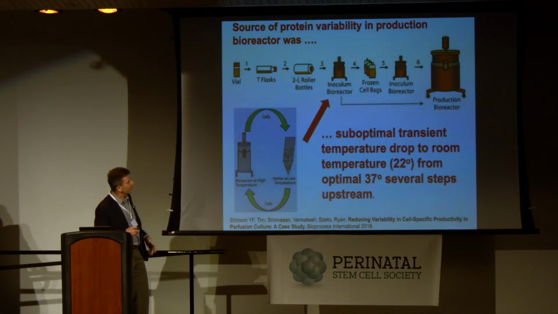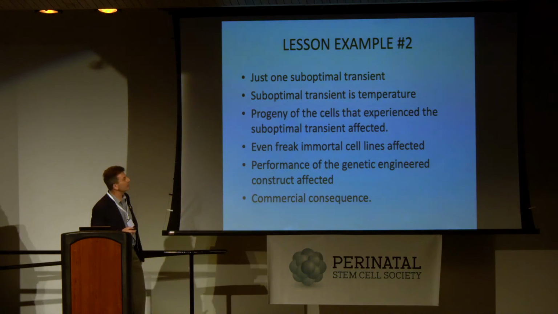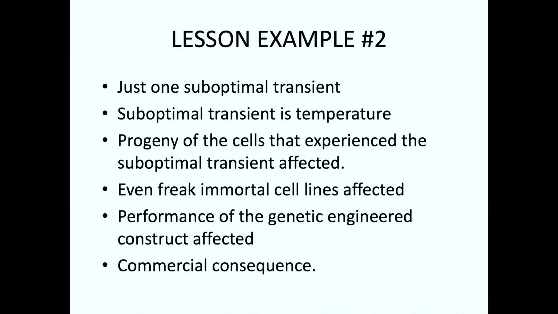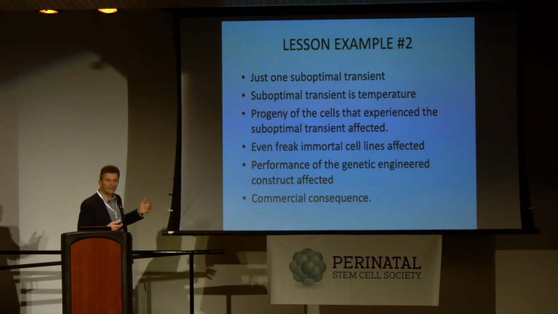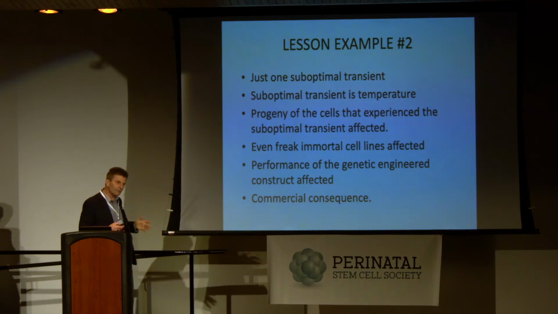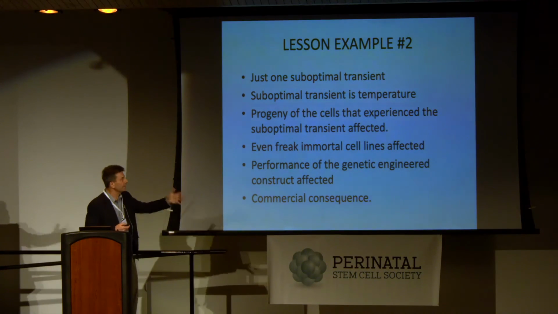So there are some lessons to be learned here too. Just one suboptimal transient, just one, right? And who would have ever thought it would be temperature? Temperature is a pretty innocuous thing. Things cool down and slow down and they warm up and speed back up, but gee, it shouldn't do something that bad. The other thing that's really significant is it was the progeny of those cells. It wasn't the cells that actually experienced the suboptimal transient, it was the progeny, quite a few generations later.